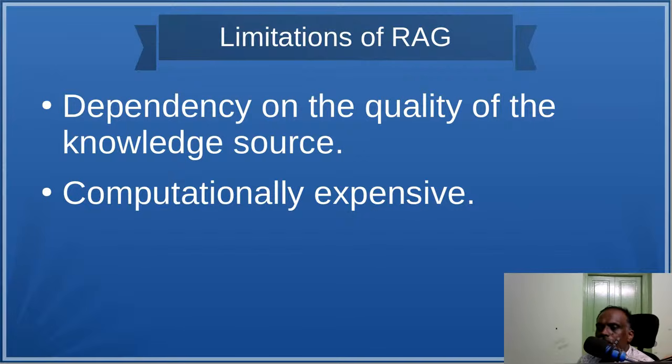As for the limitations of RAG, obviously the quality of the entire RAG pipeline depends on the knowledge source. Even if the knowledge source does not have any relevant information about the question, it is still not useful, right? And it is computationally expensive. It involves a lot of additional steps, like splitting the document, converting it into embeddings with the embedding model, and then using a vector database to store it.